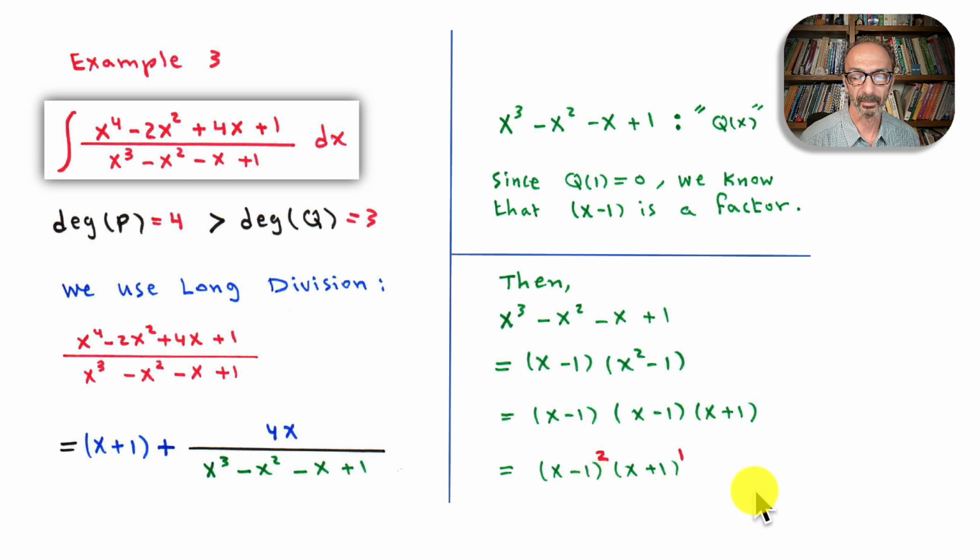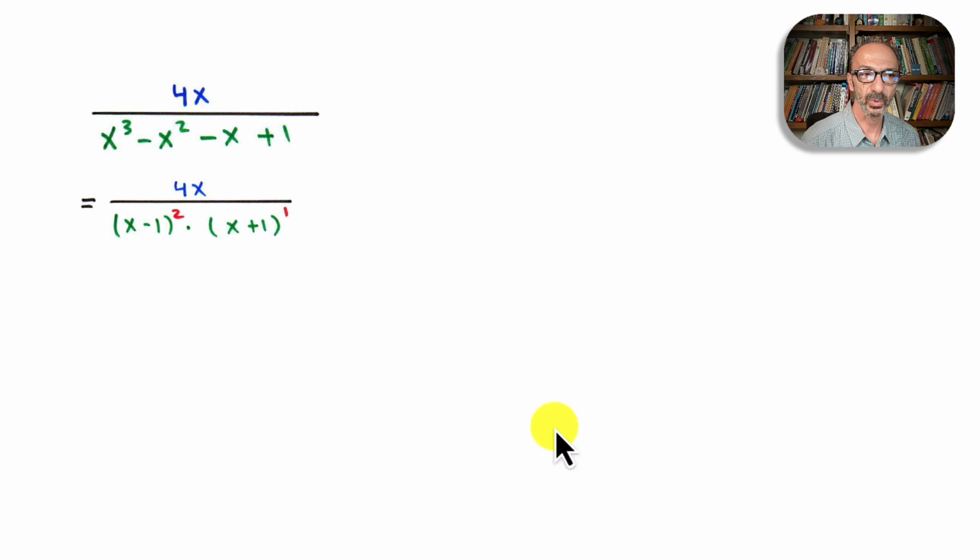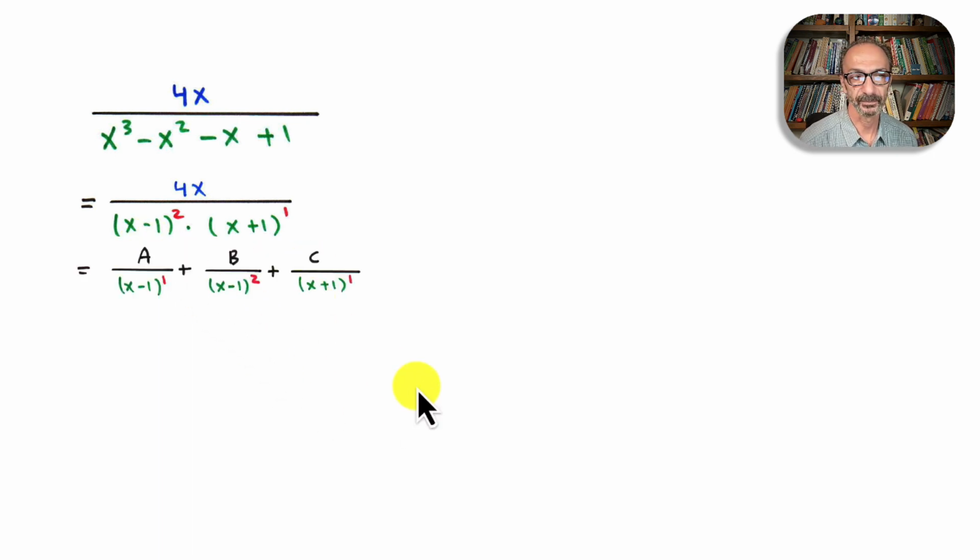Let's go back to the problem. Let's go back to this fraction and take care of it. Now 4x over x cubed minus x to the second minus x plus 1 is now in this form. Using case 2 concept, we're going to write x minus 1 and write another fraction with x minus 1 to the second.